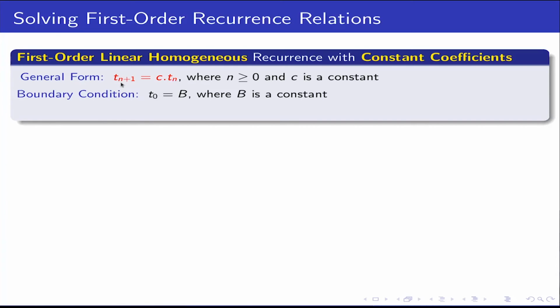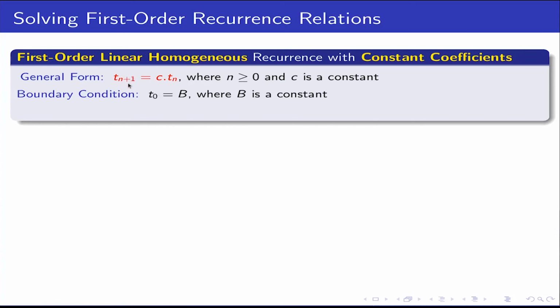What is linear? The function that you compute is of linear type. So it is not a squared, cube or log function. It is just t(n+1) equal to c t(n). So this is not log t(n+1). This is not t(n) squared or something. So this is linear. What is homogeneous?